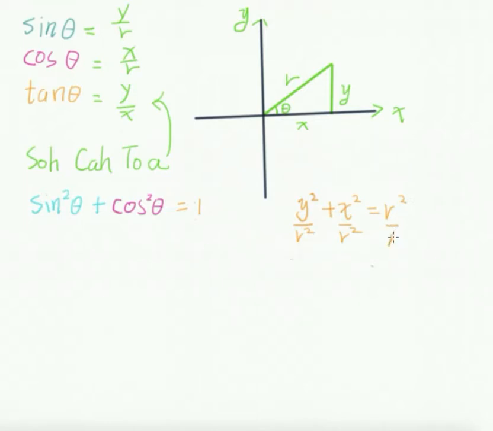Then you can see this is exactly the same thing as here, since our sine value equals y over r, so y over r squared equals sine squared, and same thing for this too. For this one, it goes to here. They are the same thing, if you can see it from here. And of course this part equals 1. So we got that part covered.